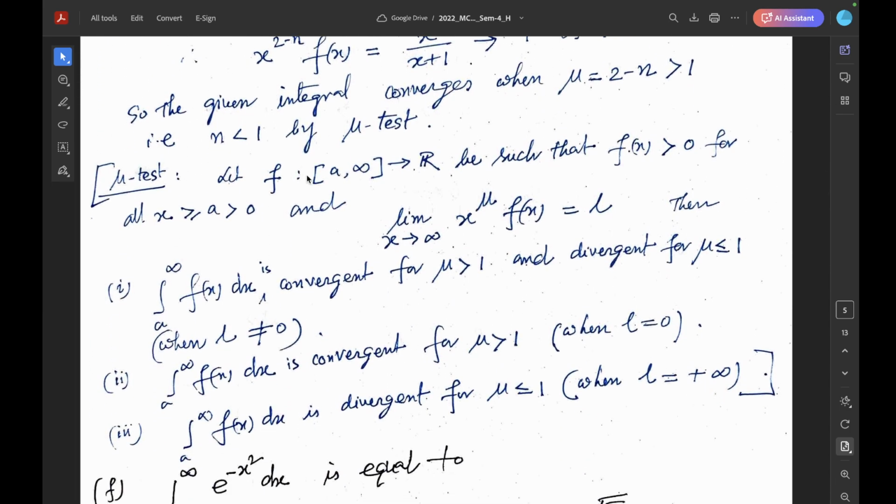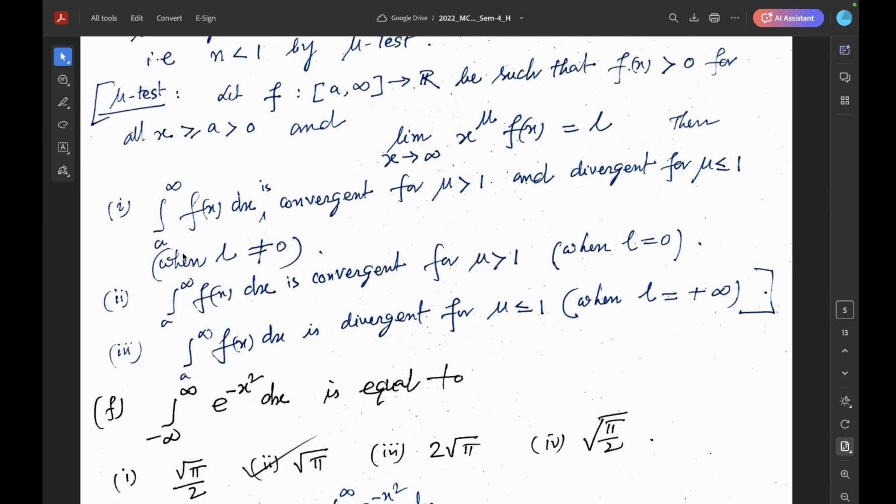Let f maps from the interval [a, infinity) to the set of real numbers R be such that f(x) is greater than 0 for all x greater than or equal to a greater than 0, and limit x tends to infinity of x to the power mu f(x) equal to L. Then the integral from a to infinity of f(x) dx is convergent for mu greater than 1 and divergent for mu less than or equal to 1 when L not equal to 0.